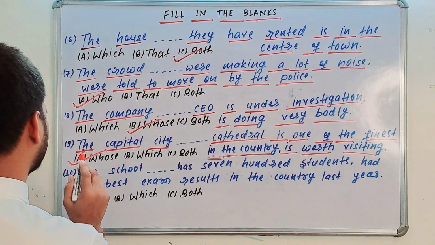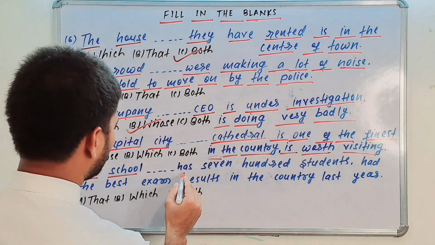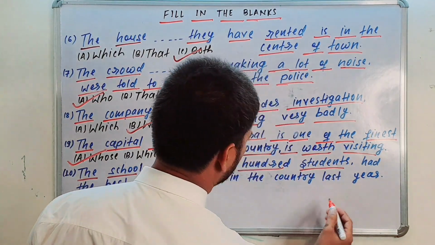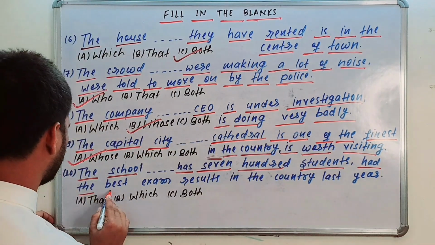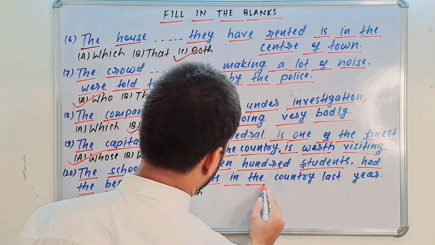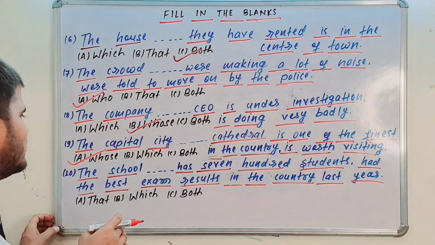Last one, my dear student, that is the 10th. The school dash had 700 students, had the best exam results in the country last year. Again, try to understand.